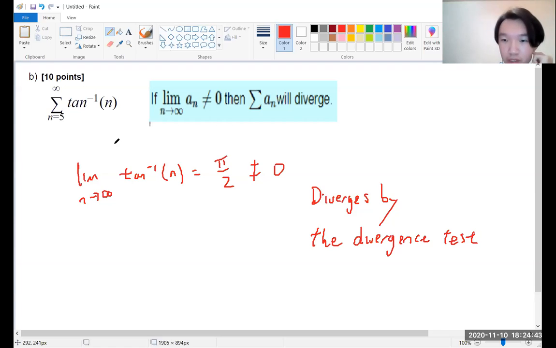Why would a limit of 1 be divergent? Okay, I can answer that.